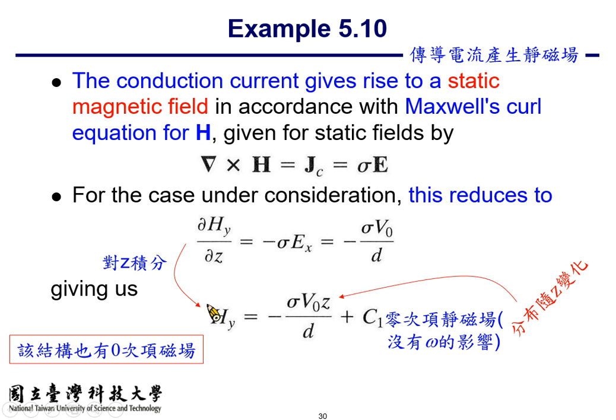The Ex term is not sensitive to the location. It's invariant to position z, while the Hy term is a function of z, which means Hy can be a larger or smaller number depending on the z position.